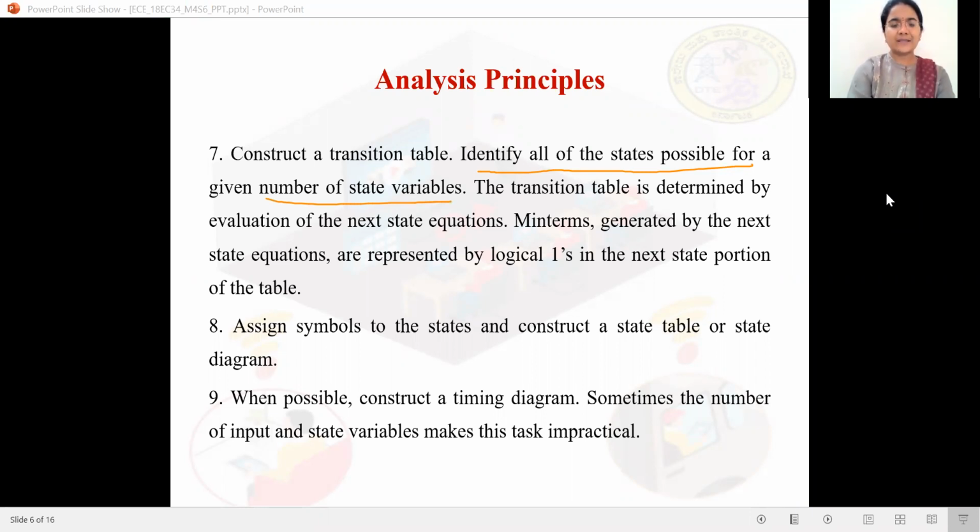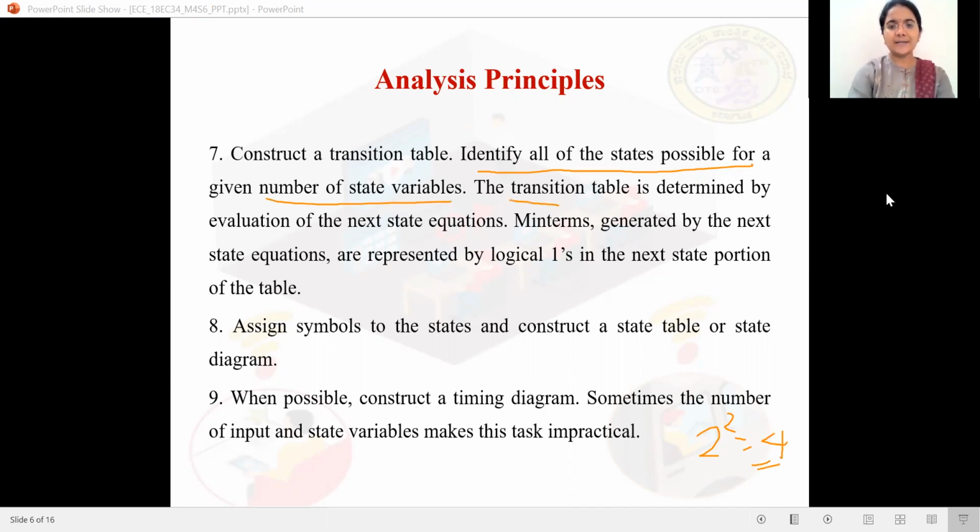If you have 3 flip-flops in the circuit, we will have 3 state variables. If you have 2 flip-flops, then you will have 2 power 2, that is equal to 4 states.